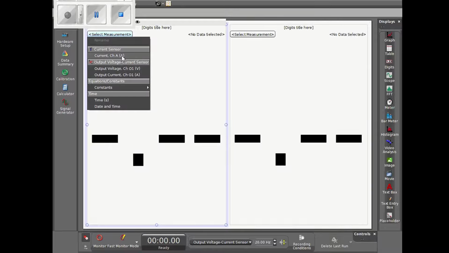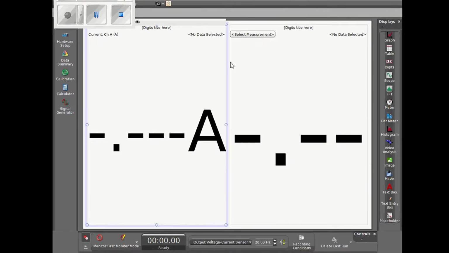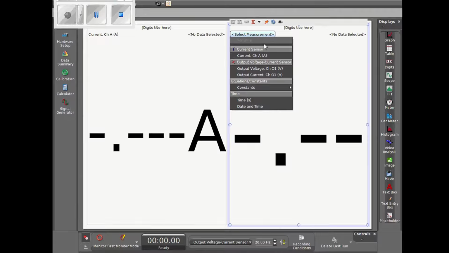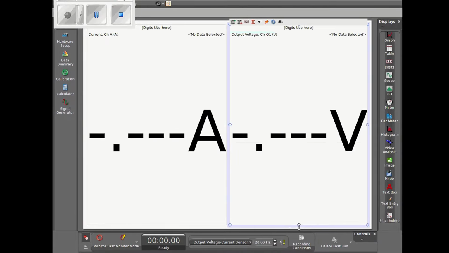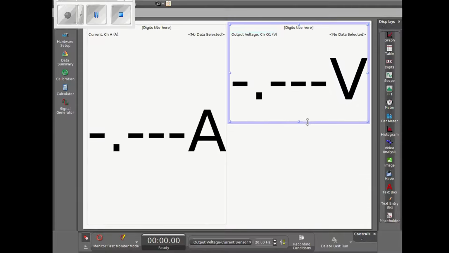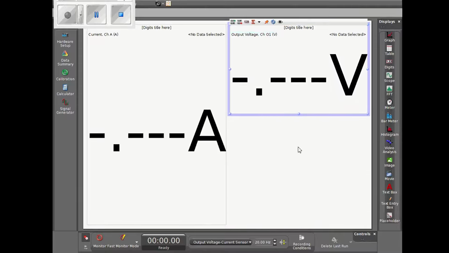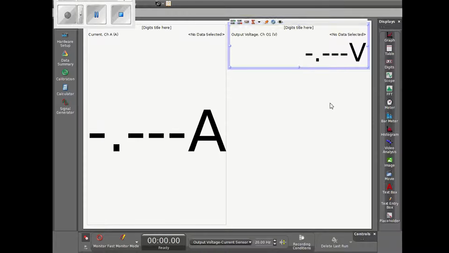So this will display the reading of the current sensor, and this one will display the voltage VAB. Which should be constant throughout the experiment. So let's make this a small display so that you don't get them mixed up. And now we are ready to start taking the data.